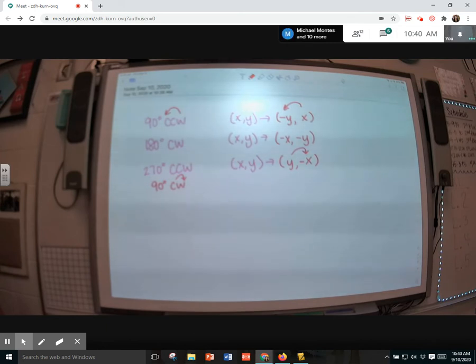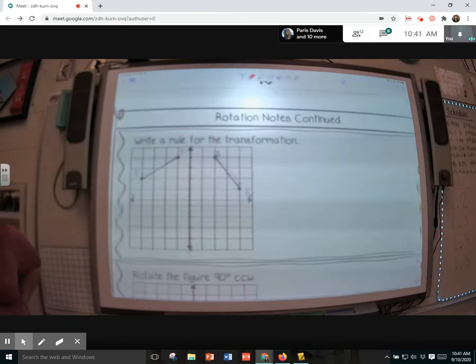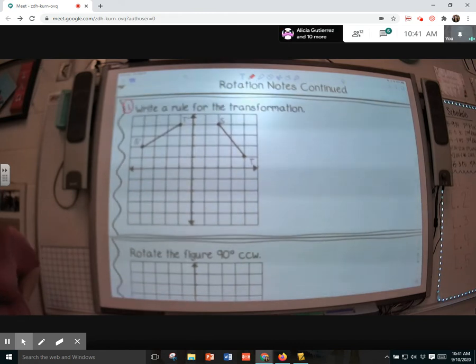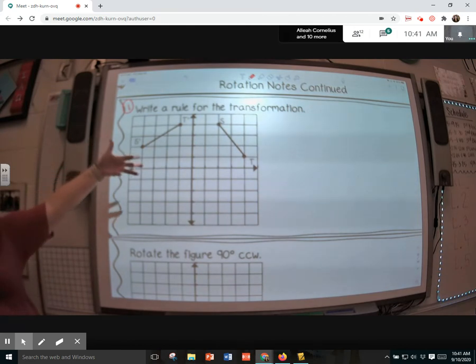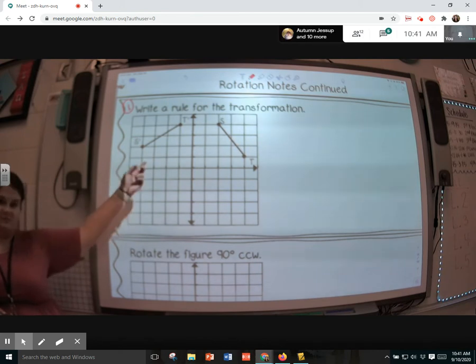And I'm going to write the words for it too, but you have to write the rule as well. So if I'm looking at page 16, looking at the first one, I want to write a rule for that. If I'm looking at this, what kind of transformation has happened? 90 degrees.